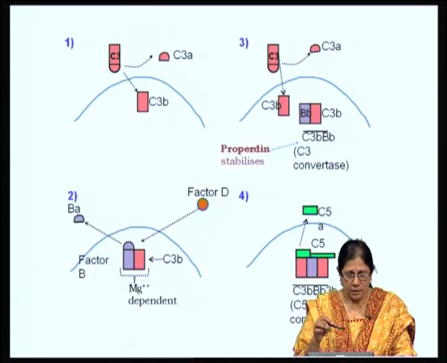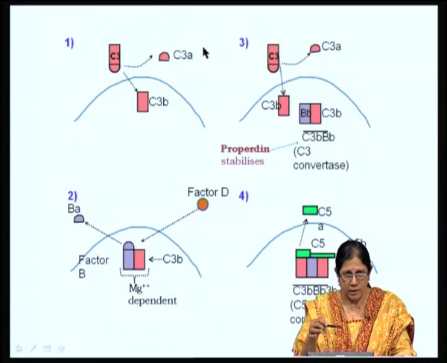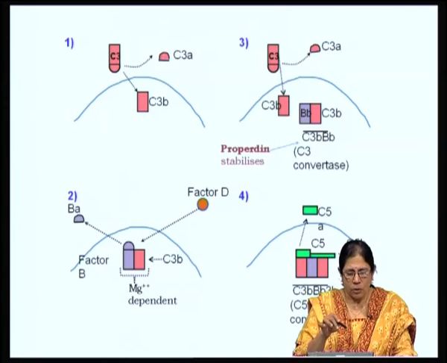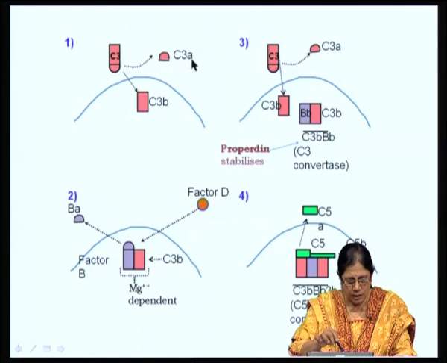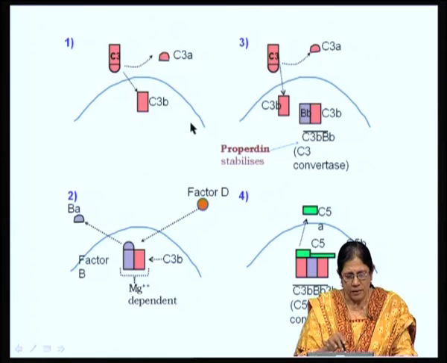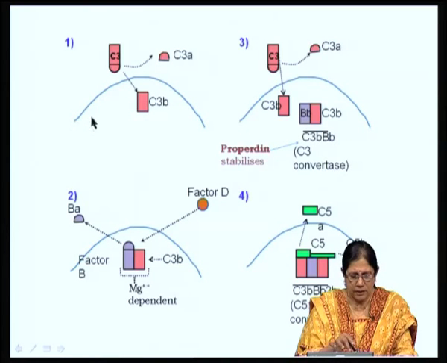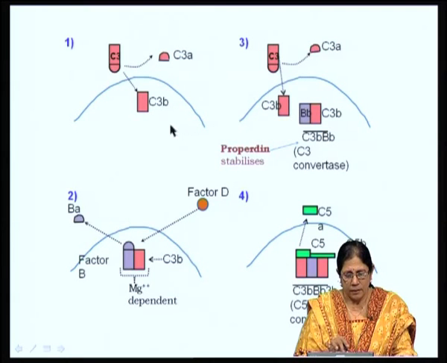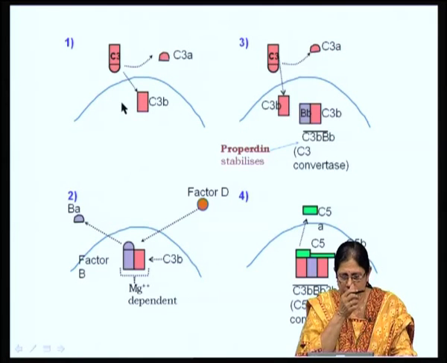But since C3 is in the serum, and since there is this autocatalysis, there is always C3b, C3a formation continuously in the blood, and if there are bacteria in the blood, this cleaved C3b binds to the bacterial cell surface.